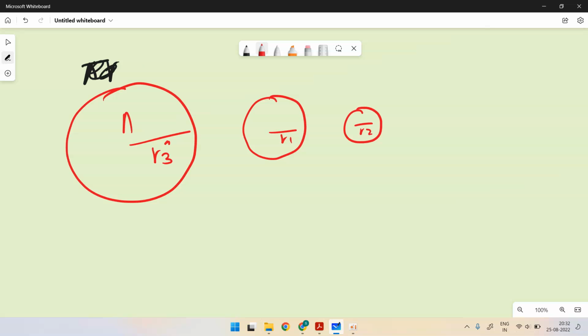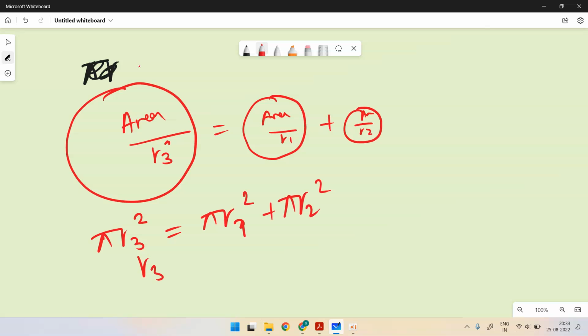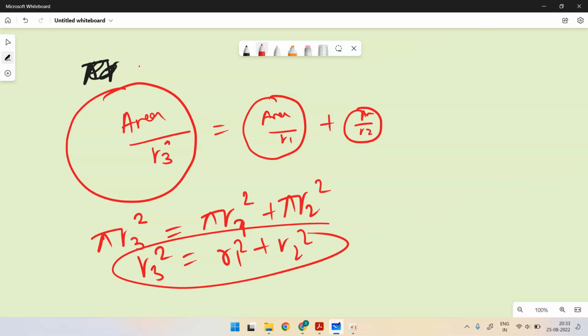The area of this circle equals the area of this circle plus the area of this circle. The area is pi r3 square equal to pi r1 square plus pi r2 square. Nothing but r3 square equal to r1 square plus r2 square. Something like this.